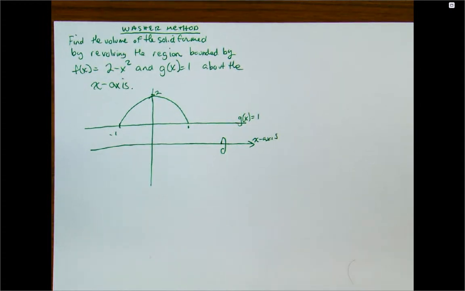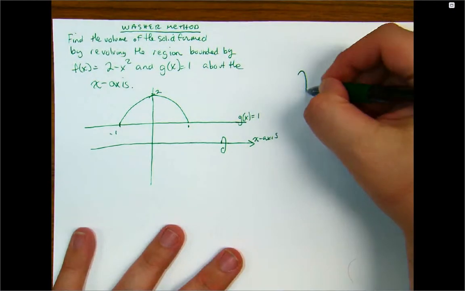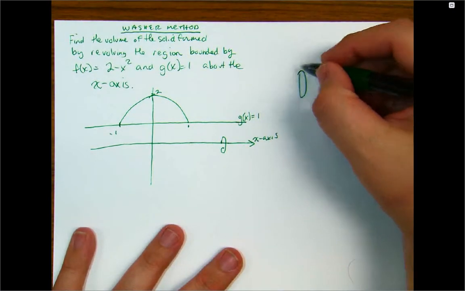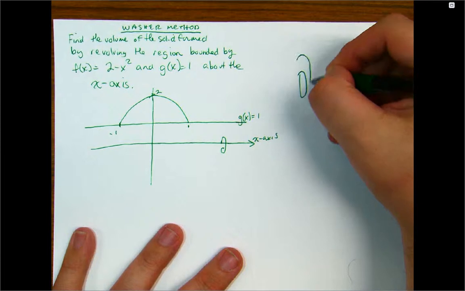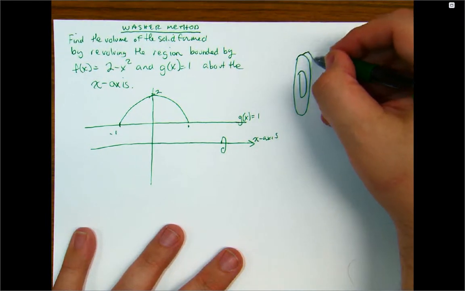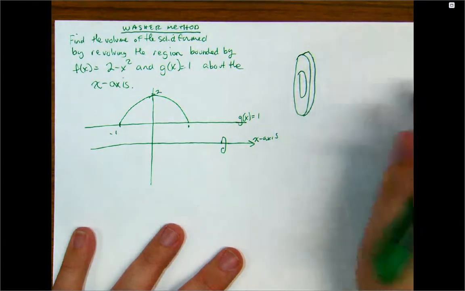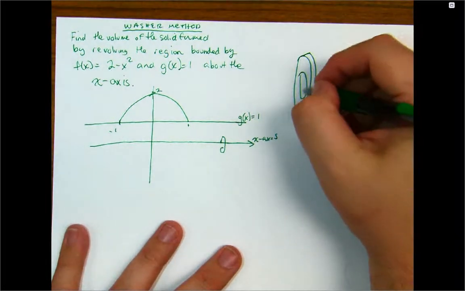So this is what we call a washer method. And the washer ends up looking like this, where you have a hole in the center of it.